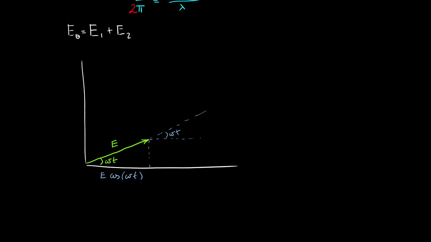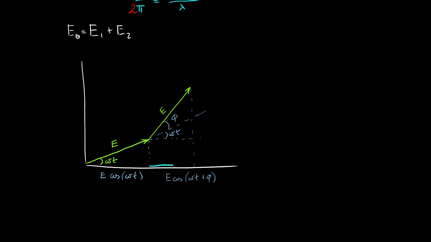So this would be again the length E, and the angle here would be phi. So if we draw here, this would be E cosine omega t plus phi. Let me just highlight that portion of the vectors.